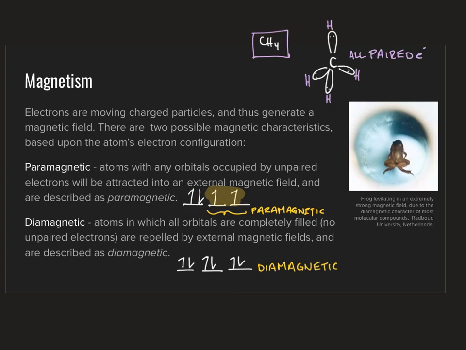And that implies if you place something made up almost entirely of molecular compounds rather than atomic species, like, say, a living thing like a frog, into a very, very powerful magnetic field, the diamagnetic properties of those molecules cause the object to essentially be repelled by that magnetic field, and you can do things like levitate very, very small objects like our poor unfortunate frog here that we showed you in the video last year.